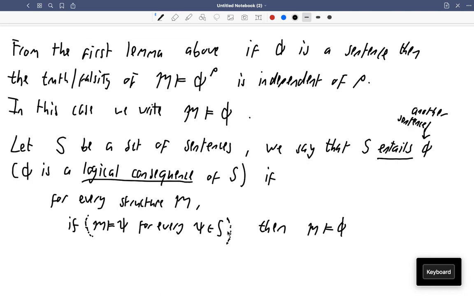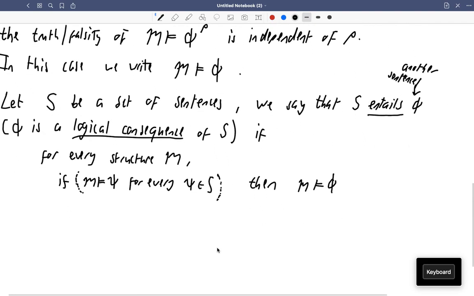So that's what we would expect by phi being a logical consequence of S. There's no way we can make it so that if everything in S is validated, phi does not automatically follow from that.